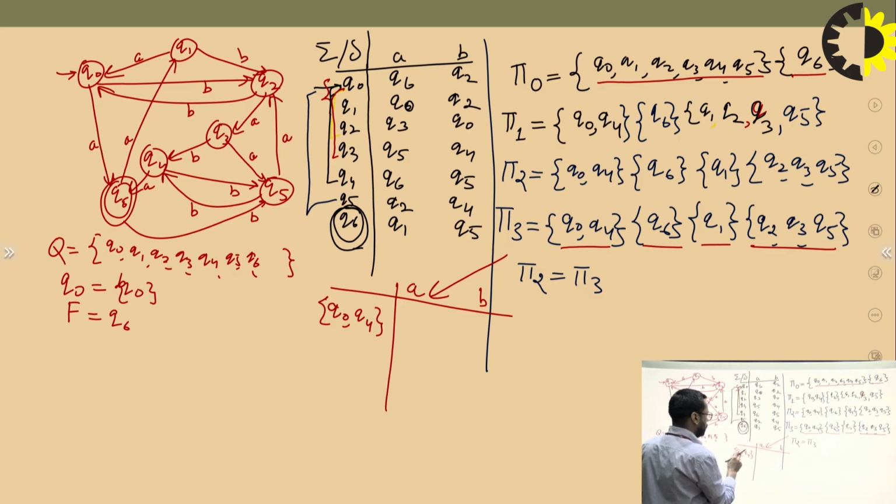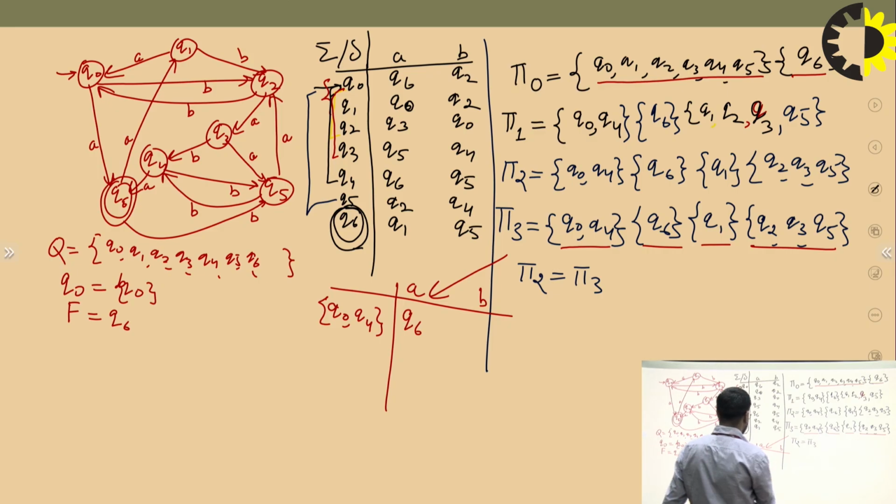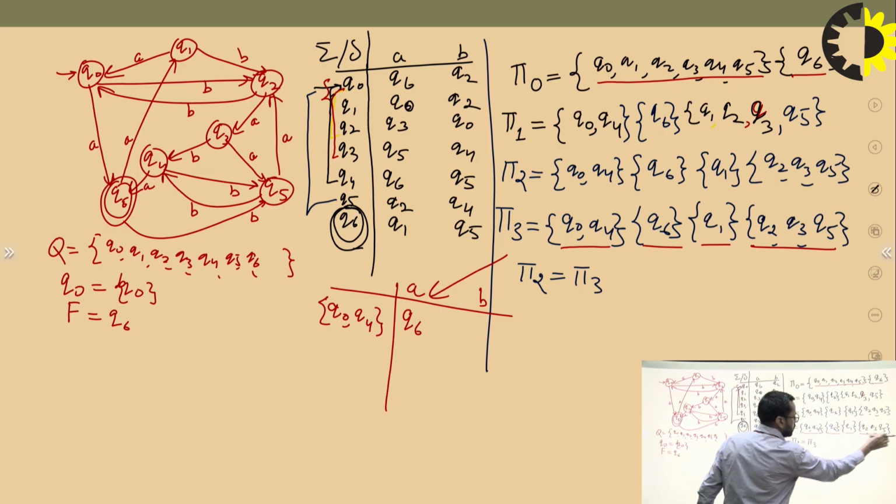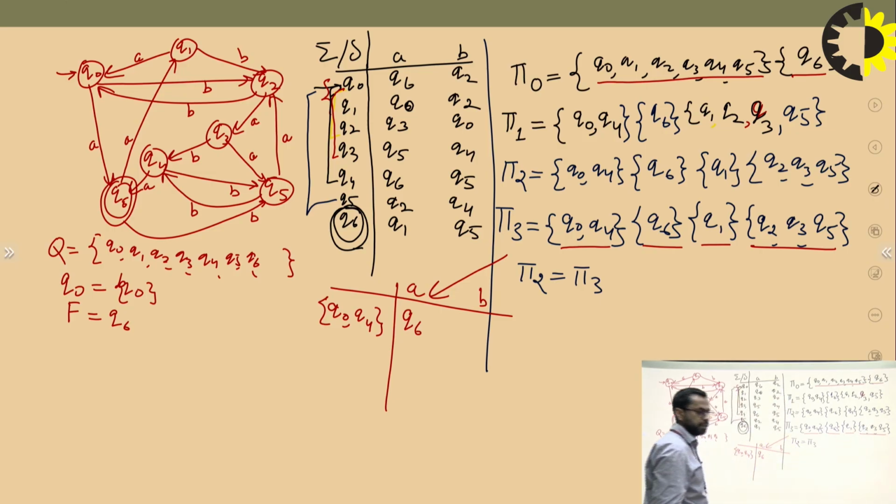For the input symbol A, the Q0 position contains Q6, and Q6 is a single state. For the input symbol B, for the states Q0 and Q4, it contains Q2, and Q2 belongs to the merged states.